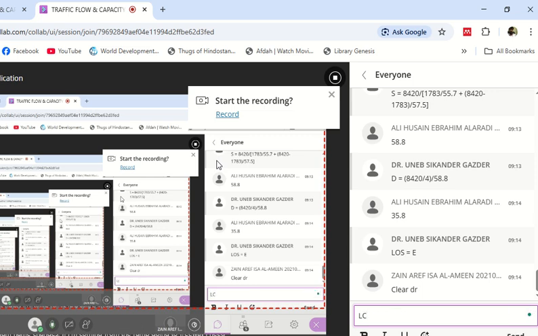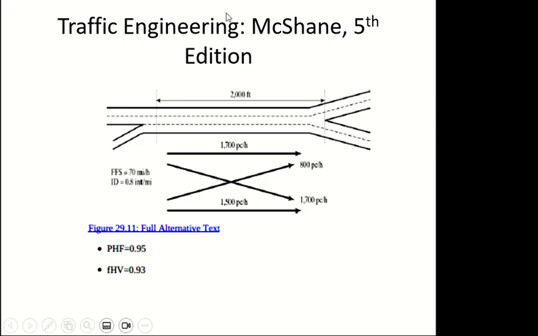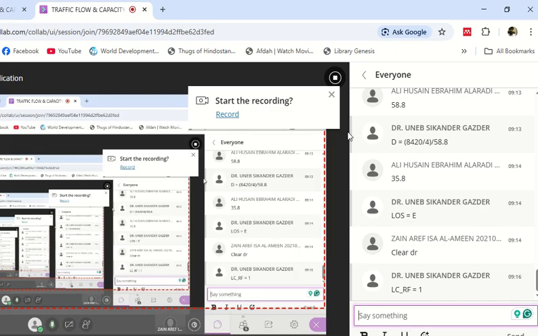Lane change for ramp to freeway is 1. If I am coming from the freeway going to the ramp, if I'm on this lane, I can go towards the ramp with 0 lane changes. So I don't need any lane changes to go from freeway to ramp.